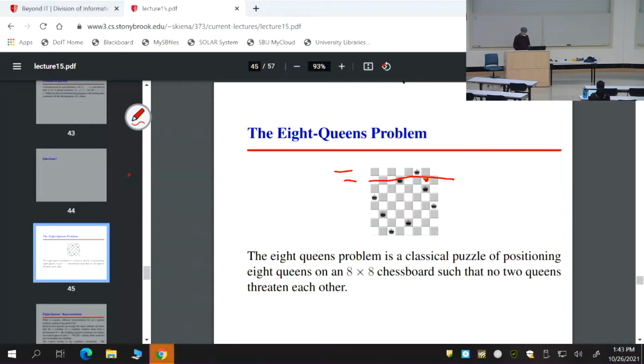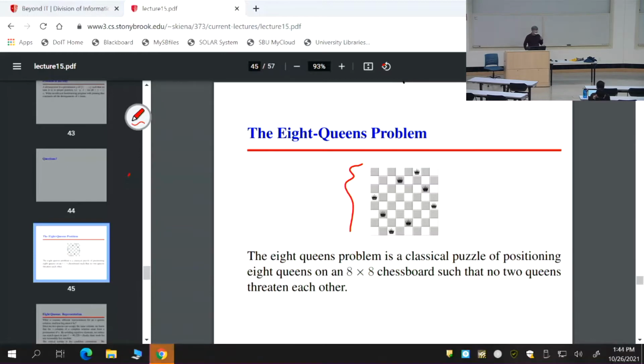And if you have 9 queens, by the pigeonhole property, you're going to have at least 2 queens in the same row attacking each other. So you can't put down more than 8 queens. This proves that you can put down 8 queens. What are all the configurations such that you can put down 8 queens?